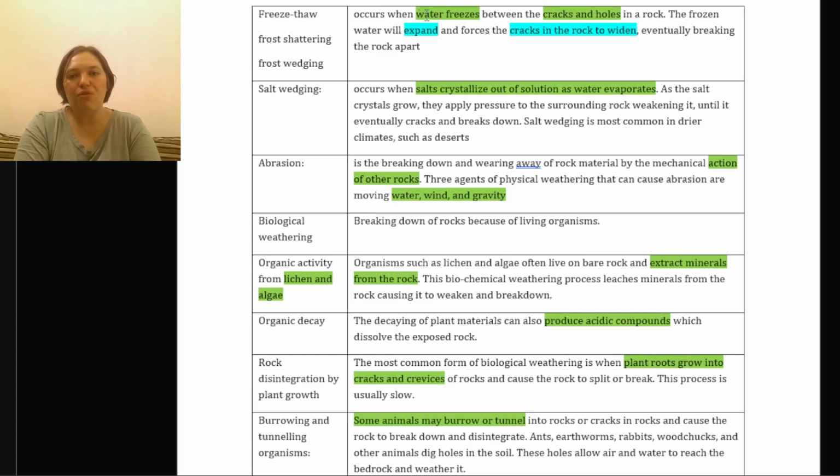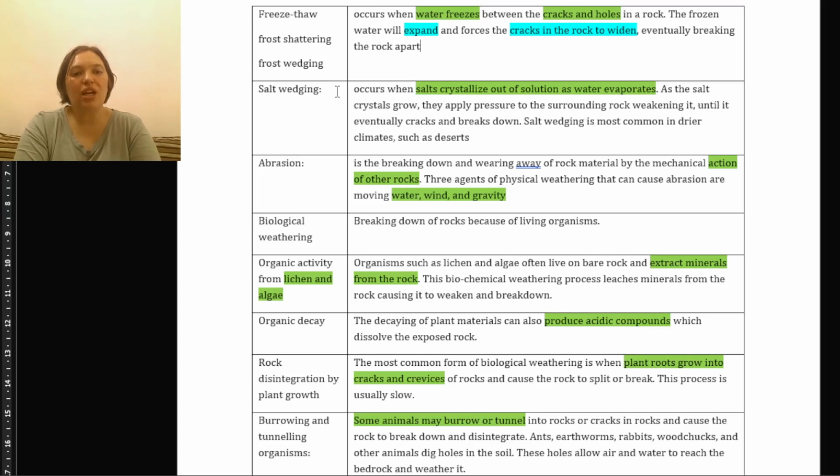So we've got water freezing between the cracks and the holes in the rock. Frozen water expands and forces the cracks in the rock to widen, eventually breaking the rock apart.